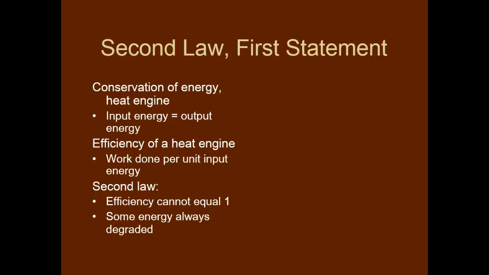Let's look at each of those processes individually. The first statement, conservation of energy, the heat engine. That's what we use for the first law. Now, you input some energy, and you output some energy. Okay? The efficiency of a heat engine is the work done per unit input energy. Okay?